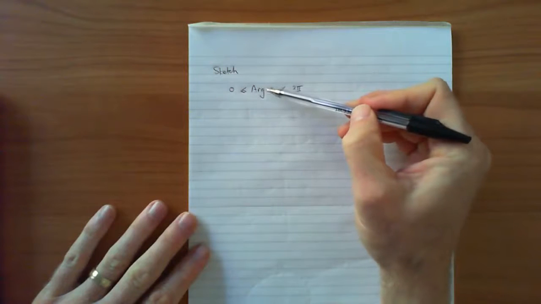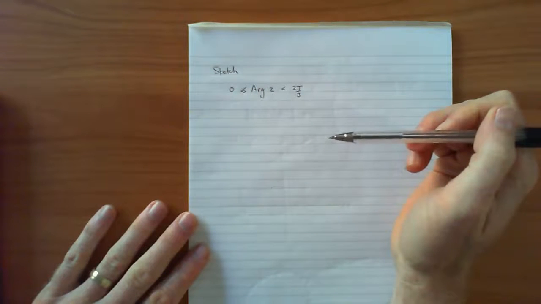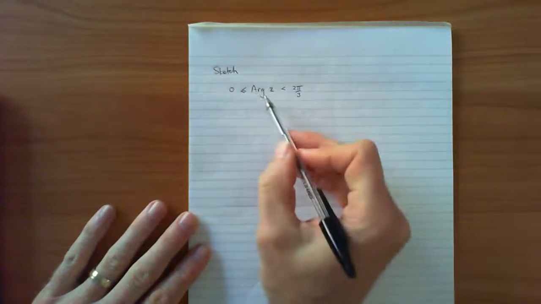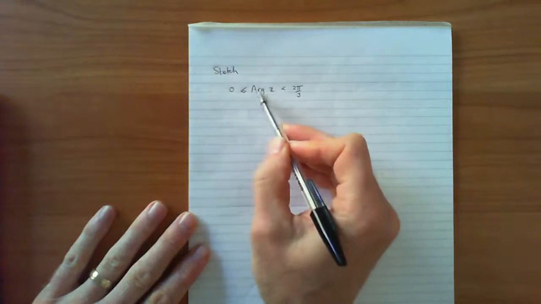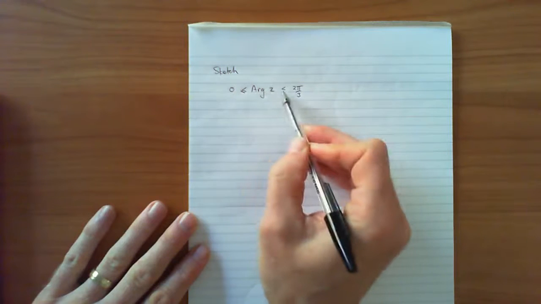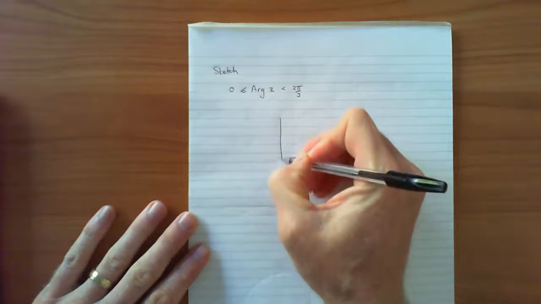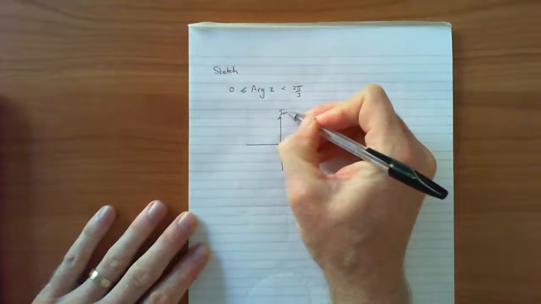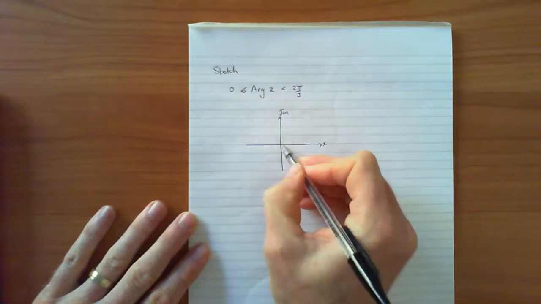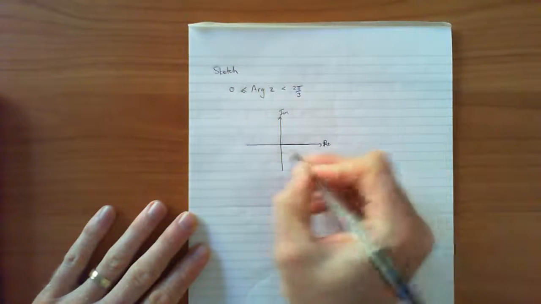Arg z, remember the argument of a complex number is its angle from the positive x-axis, the positive real axis. So arg z here has to be greater than or equal to 0, but less than, notice, not equals, less than 2π/3. So when we come to draw that, arg z equals 0 is right here, the positive real axis.